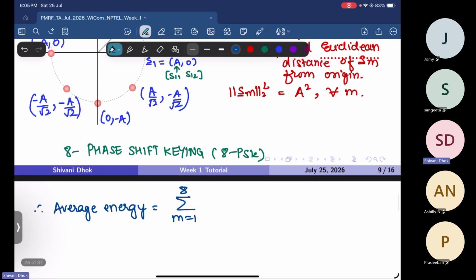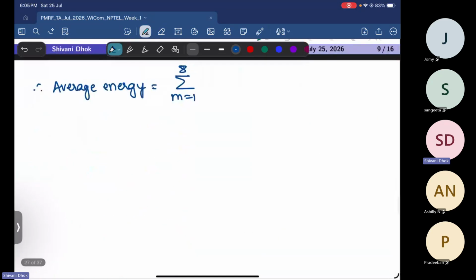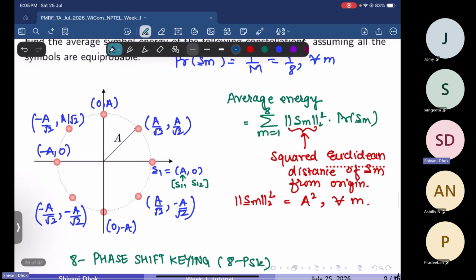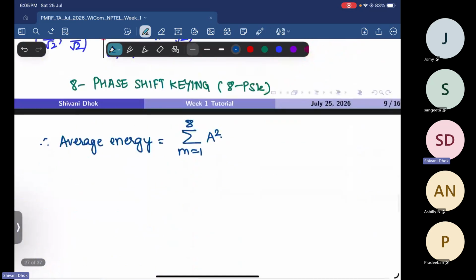Then here we have Sm square as a square into probability of every symbol is 1 by 8. So this comes out to be equal to 8 a square by 8, that is a square.